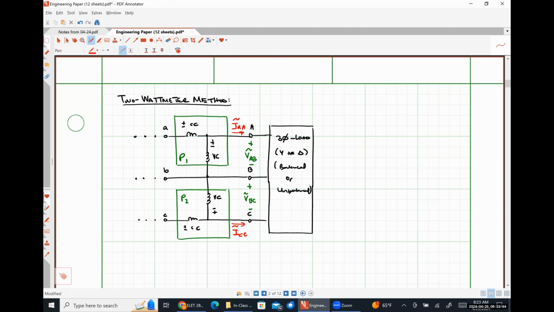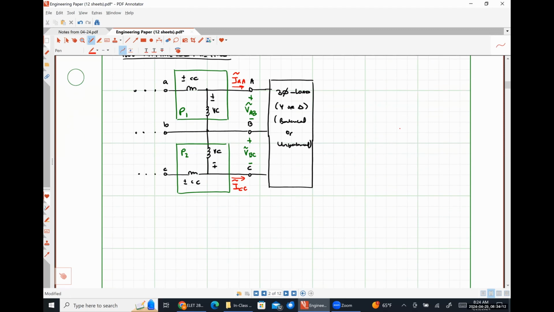So we are going to derive how this works for a balanced three-phase load. However, I want you to understand that the method works even if it is unbalanced. Using a balanced three-phase load is going to make the math just way easier to deal with so that we don't have to stumble through 30 minutes of trig identities that neither you or I care about, okay?